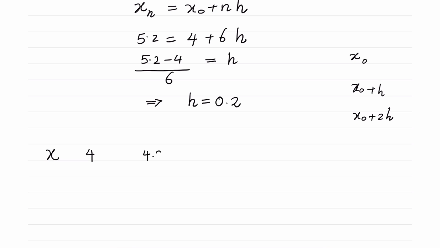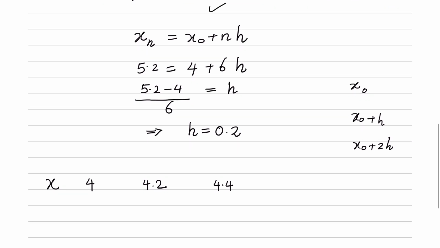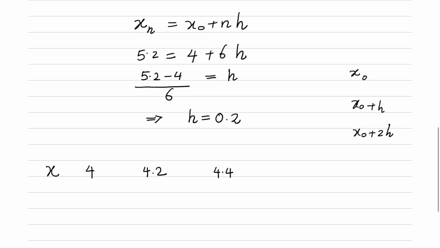We have 4.2, add 0.2 to 4.2, we get 4.4, and we know that our last x is 5.2. So we'll continue to add 0.2 to the previous x's to reach finally 5.2. So 4.4, 4.6, 4.8, add 0.2 to this, 5.0, and add 0.2 to it, you get 5.2.